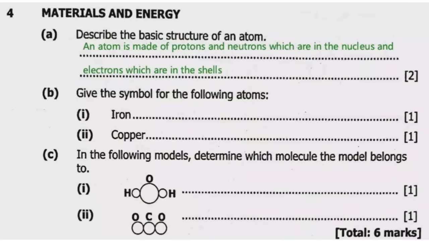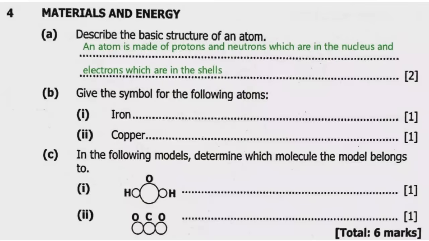I want you to draw that, screenshot it, and send it in the comment section so that I can look at it and add a word. Please make sure you do that for us. Now we come to question 4b, which is: give the symbol for the following atoms.